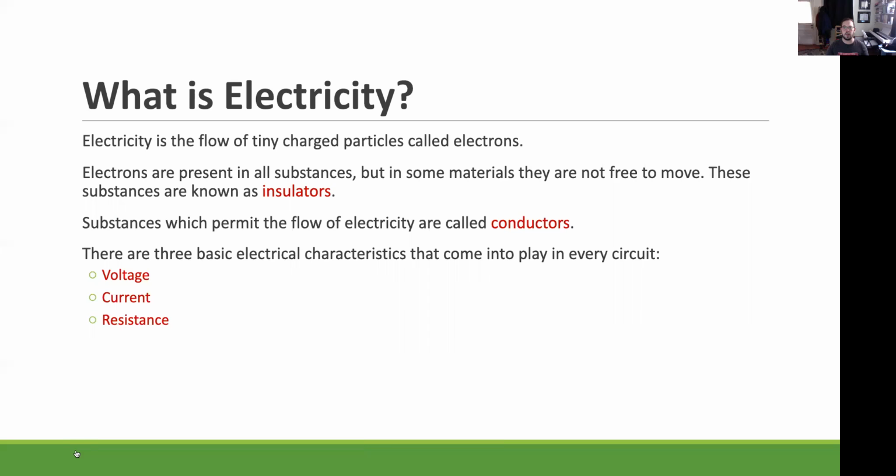These things do not let the electricity move back and forth through them, and these are what's known as insulators. Other things such as wires, metal, and solder are called conductors because they do allow this electrical current of electrons to move from A to B to C and so on.